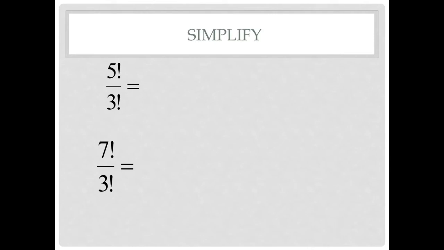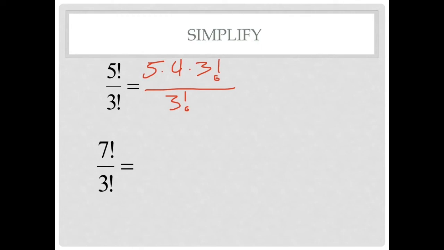Alright, so here we have some fractions. We have 2 examples here, 5 factorial over 3 factorial, and 7 factorial over 3 factorial. So my suggestion for you guys when you're simplifying these is to go ahead and expand out your numerator. So 5 times 4 times 3. And I'm going to stop whenever I have my denominator.